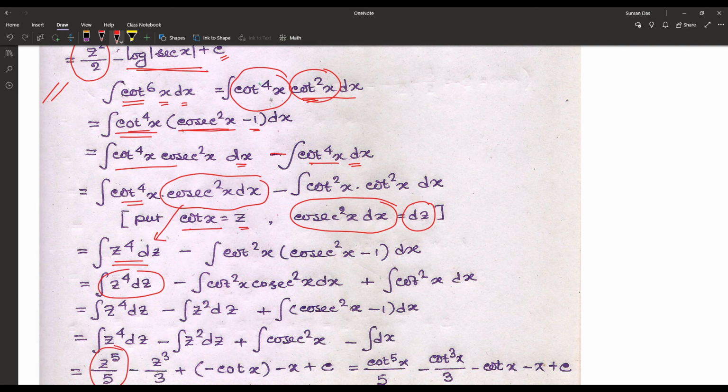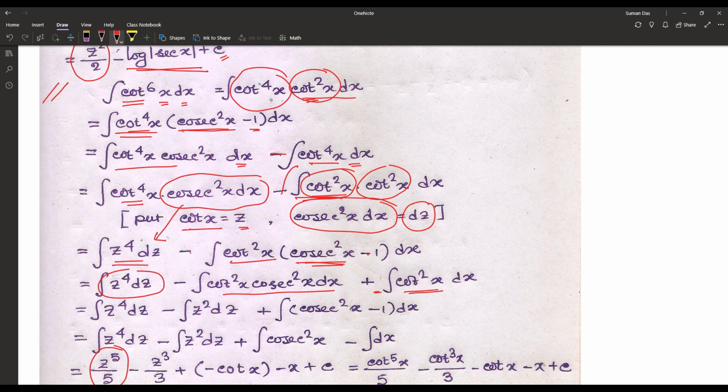Now look at the second part, that means here after the minus. That one is now cot to the power 4x dx. Once again we can write it as cot square x and cot square x. Now cot square x means cosec square x minus 1. Once again a multiplication gives us cot square x cosec square x dx minus cot square x, and the minus here becomes plus cot square x.